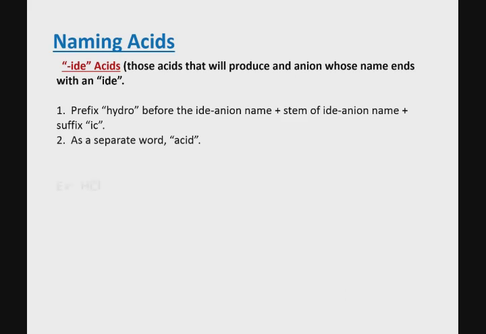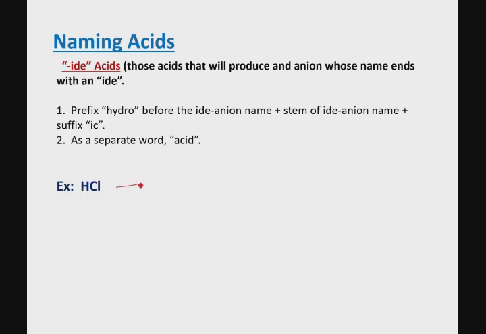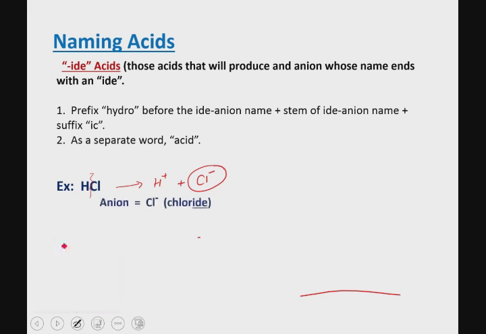Let's take an example of an acid, HCl. It's a molecular compound, and it has an H as the first listed element in the chemical formula, therefore it is an acid. If you remember from the previous session, if this dissolves in water, the molecule will break up in a chemical process to produce H plus ions and Cl minus. This ion is called chloride. Once again, focus on the name of the anion.